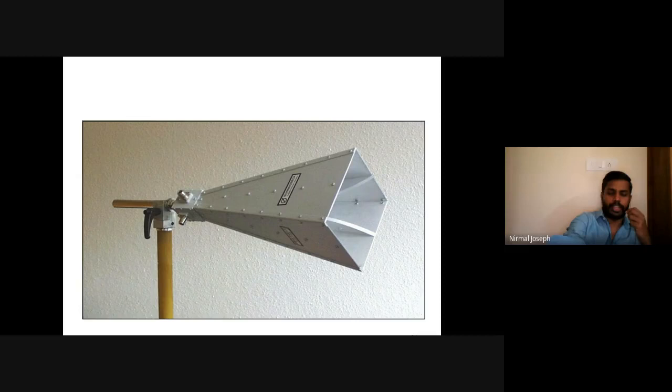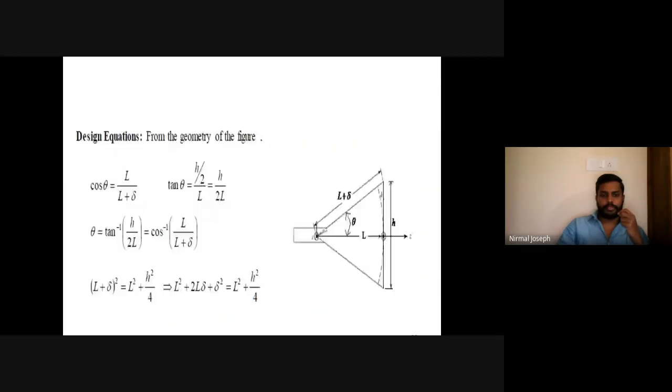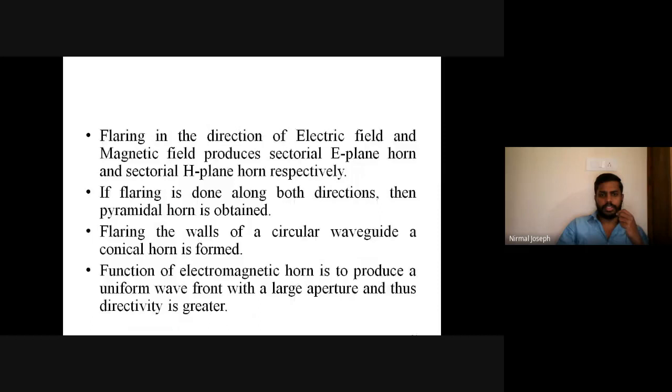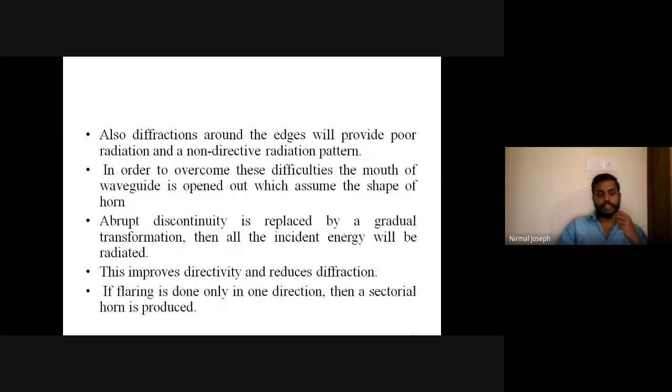Gradual opening is there, and at this point the wave can escape into the space. Full wave can be radiated. If flaring is done in only one direction, then a sectorial horn is produced. In the figure we have seen already, flaring is done in all directions. The difference I will show you in the next pictures.